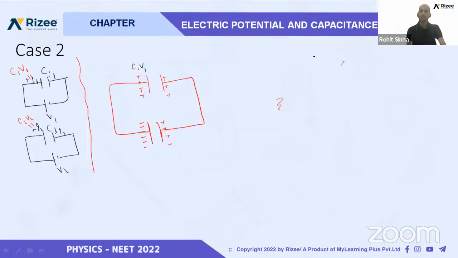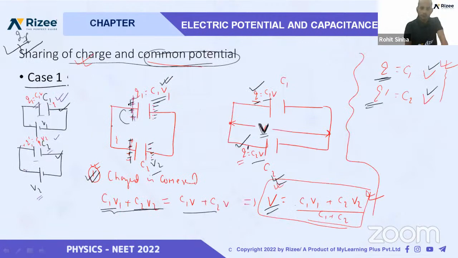because this type of question comes in your exam. Usually there is a loss of energy. By doing this, loss of energy occurs, but since it comes in your exam, note the condition for both the cases. The first case was that we connected positive plate with positive plate.